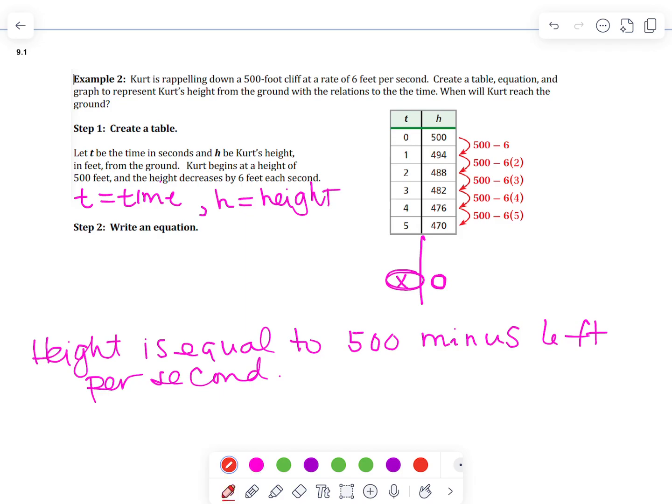So H equals 500 minus 6 feet per second times time. So this is our equation.